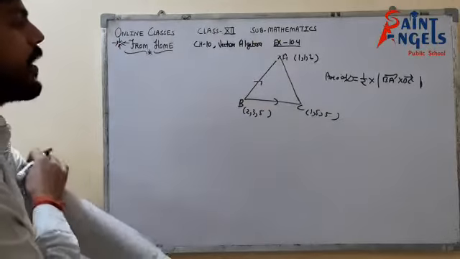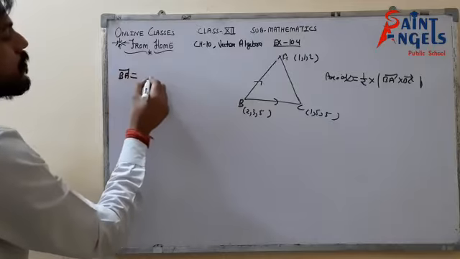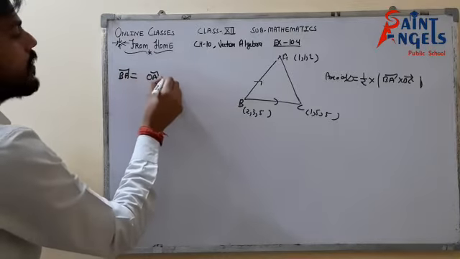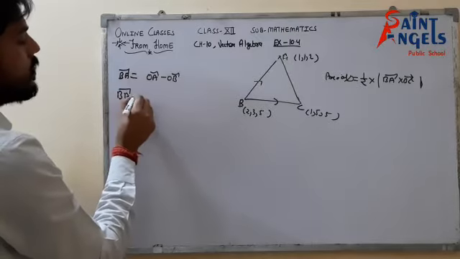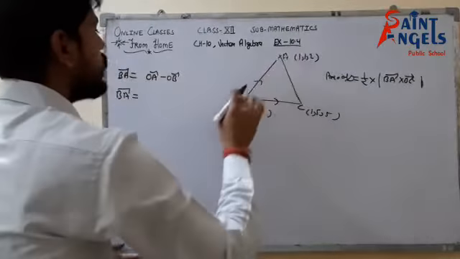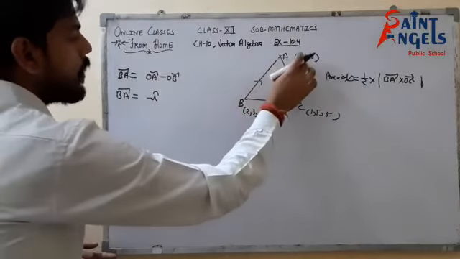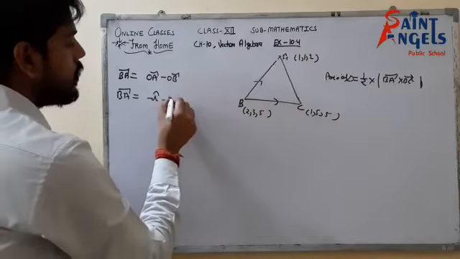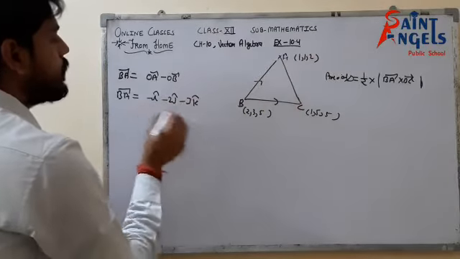So first of all, I am finding the BA vector. BA vector would be OA vector minus OB vector. It means BA vector is equal to A minus B. Now 1 minus 2, minus i cap; 1 minus 3, minus 2j cap; 2 minus 5, minus 3k cap. This is the BA vector.